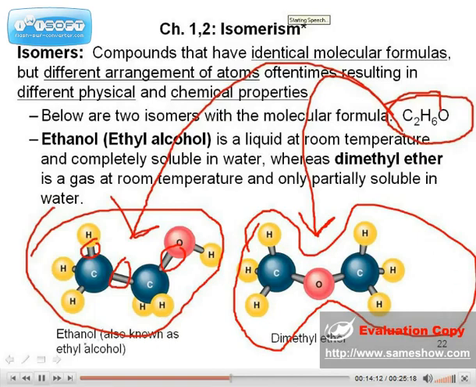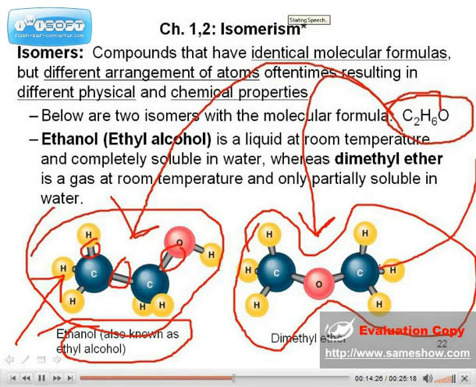So the one on the left, its common name is alcohol. This is drinking alcohol on the left. This one will give you a nice buzz, and in moderation won't hurt you. The one on the right is dimethyl ether. This one, even in moderation, could kill you. It's also great for cleaning various oils off of mechanical parts.